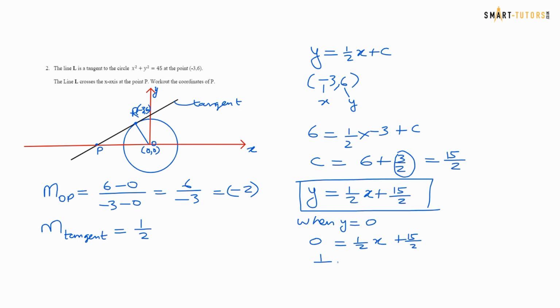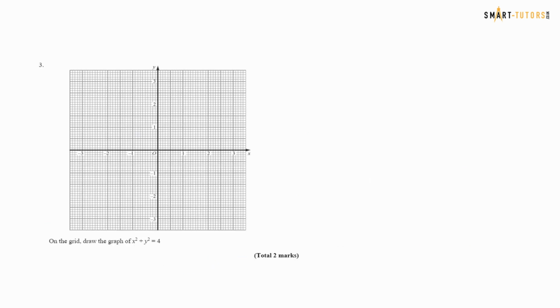So half x equal minus 15 over 2. Multiplying both sides by 2, x equal minus 15. So the answer is x equal minus 15, comma 0. So the coordinate of P is minus 15 comma 0.